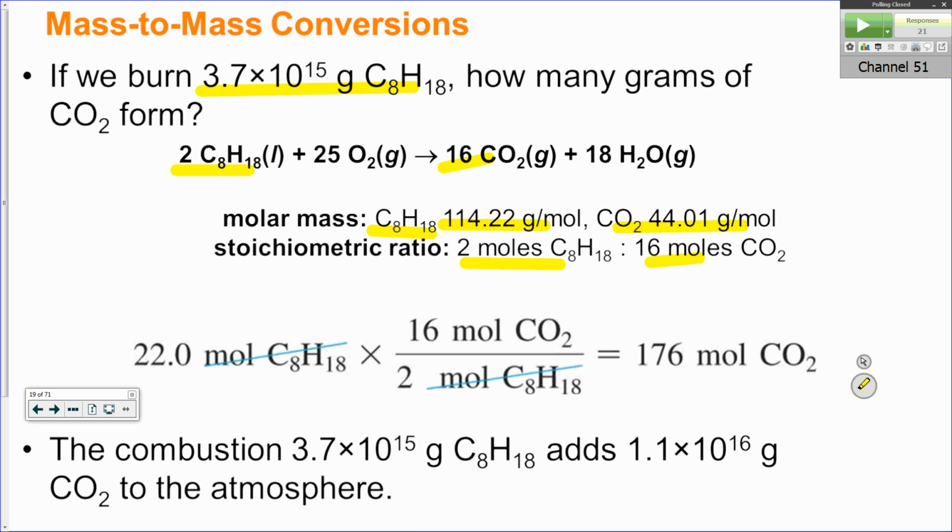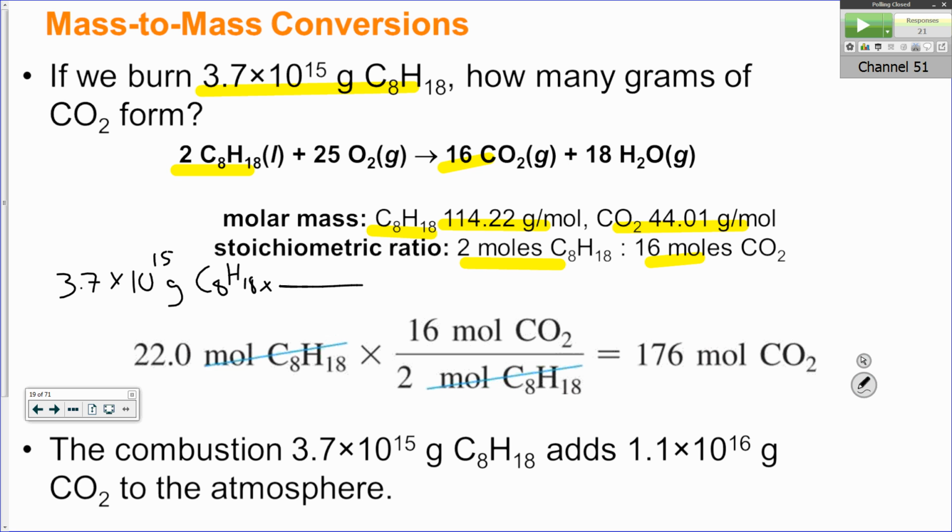So if I plug this into the equation, I'm going to set the whole thing up across here. I'm going to write in smaller writing so I can get it all in here. We've got 3.7 times 10 to the 15th grams of octane, C8H18.